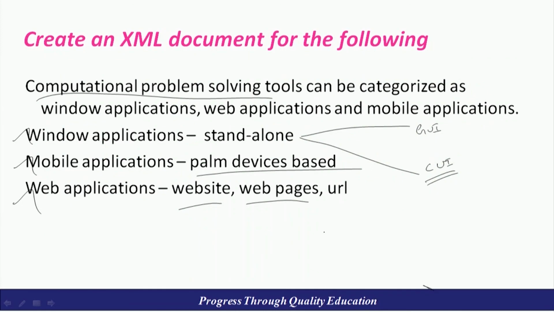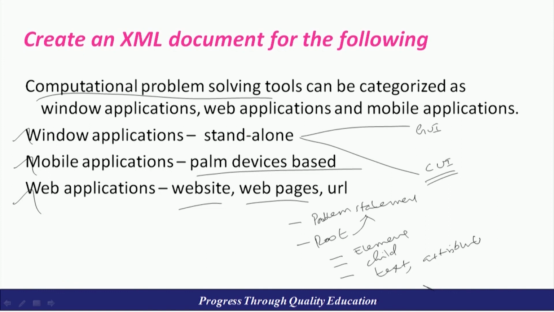The XML document should be very close to the problem statement, and the root tag should be very close to the problem statement, and further elements and child, subchild, text, attributes, all should be very close to the root tag. So, all components of an XML document should be created properly. Thank you.